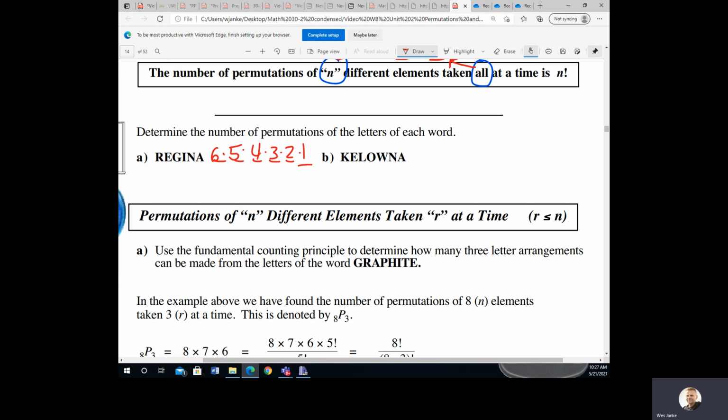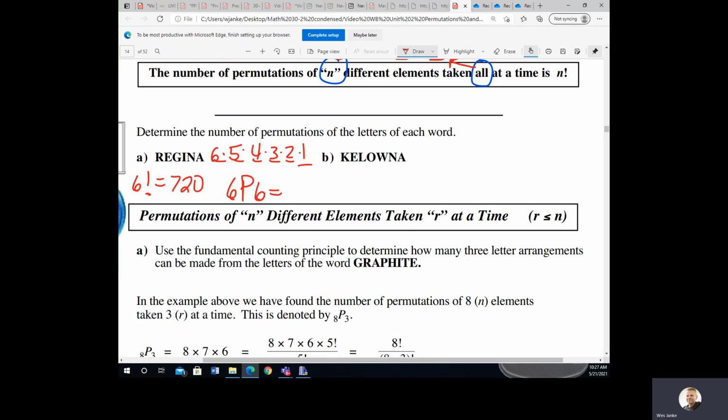So that is 6 factorial, which comes to 720. Now, let me show you how this would look as a permutation. So we have 6 letters, and we're picking them 6 at a time.